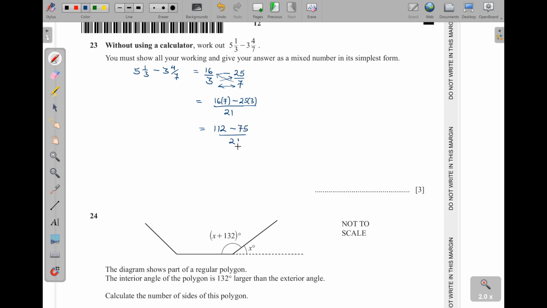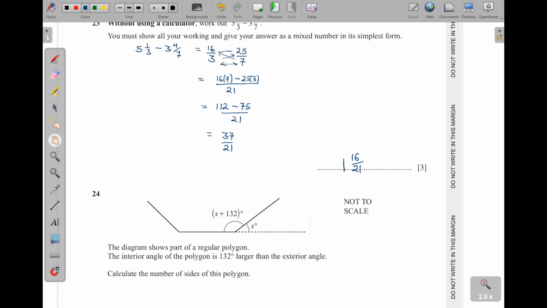Then out of 21, when I subtract those two, I get 37 divided by 21. So that is one whole number. And then you say 37 minus 21. That one gives us 16. So 16 is the remainder. So one whole number, 16 over 21.